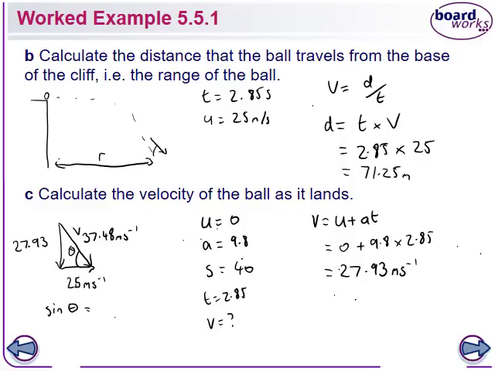Sine theta equals O on H. So the sine of our angle is going to be 27.93 on 37.48. We just want the inverse sine of that.